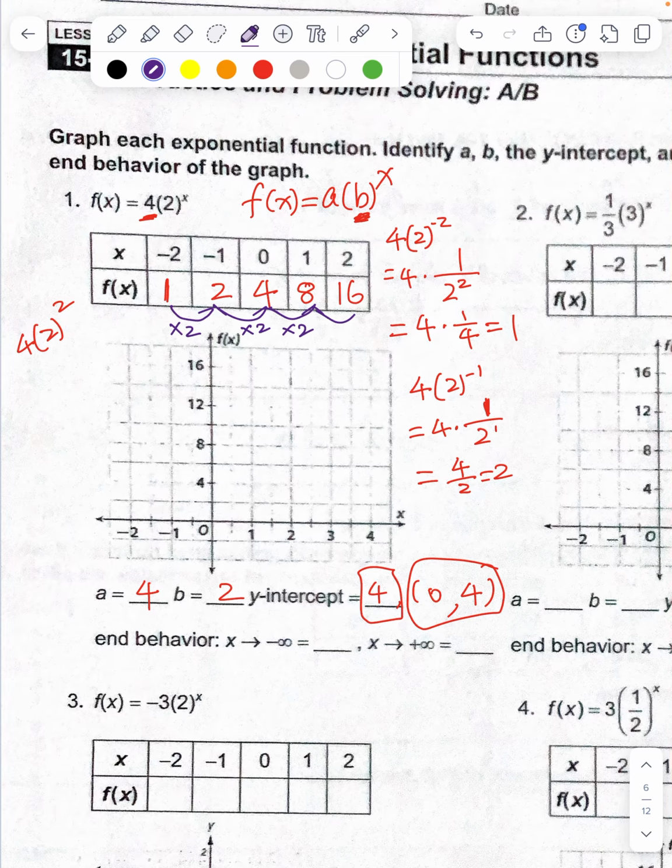Yeah, you get each point. B is the multiplier. Multiply each term by 2, you get the next term. In a geometric sequence, we call it a common ratio.